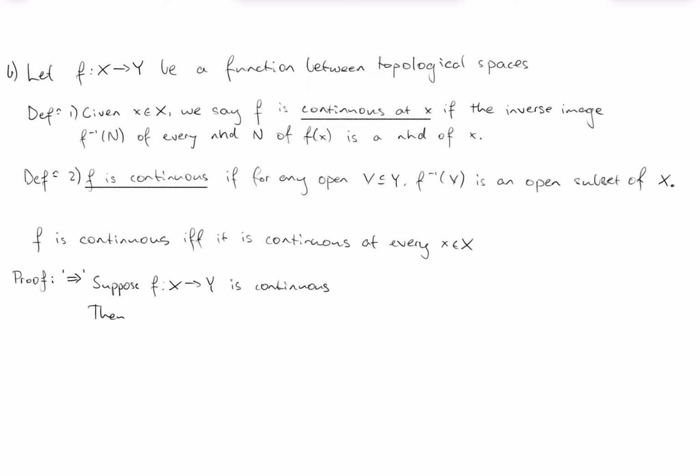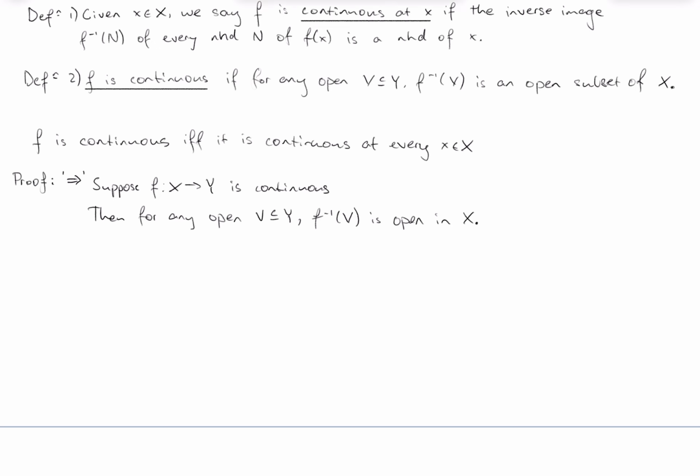Then for any open V in our codomain Y, the inverse image of V is open in X. So we have this. Let's take a point x in X, which is a reasonable thing to do, since we want to show that it's continuous for all points x in X.